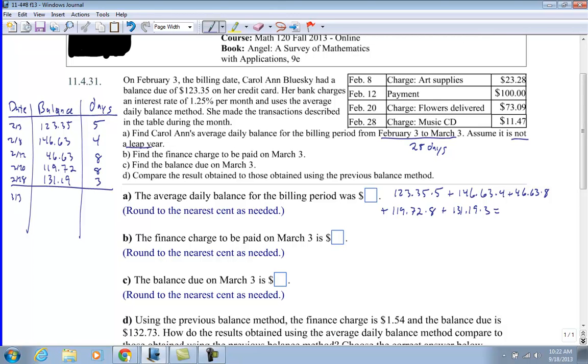Put this in the calculator now. Okay. And I get 2927.64. So we take that 2927.64 and we divide by 28. That's the number of days in the month. It's not a leap year, so we have an average daily balance of 104.56.